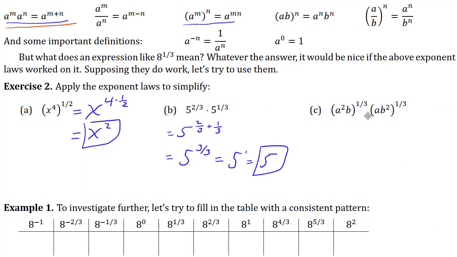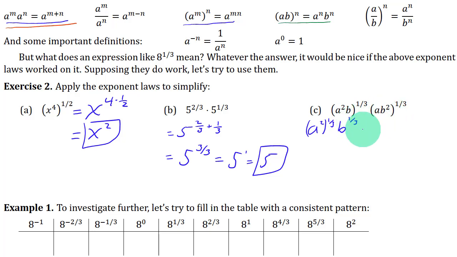So for part C, this is a tricky one. If you didn't get this one right, that's okay. Let's look at a squared b to the power 1/3 first. So that looks like two things being multiplied all to one power, so you could use this rule here. And so I'm going to write this as a squared to the power 1/3, and then b to the power 1/3.